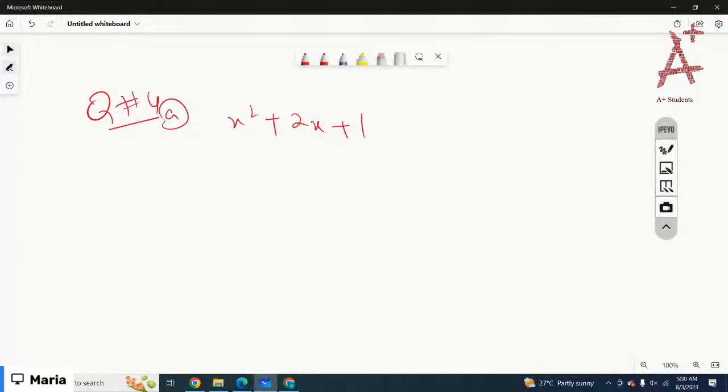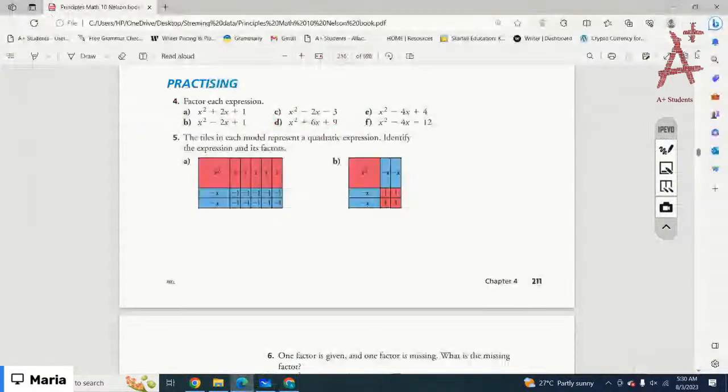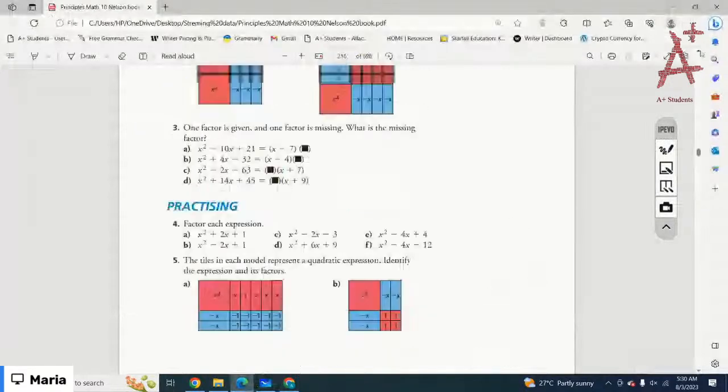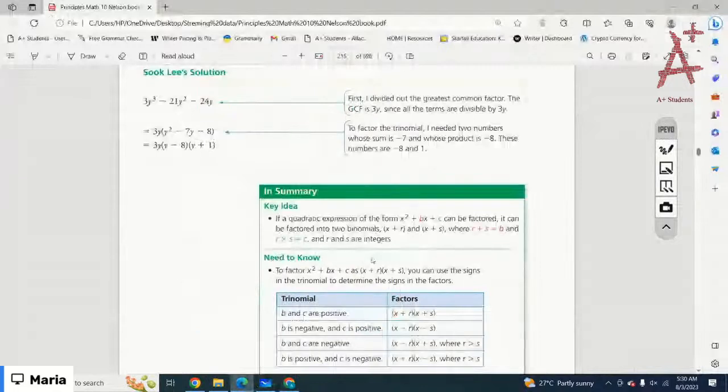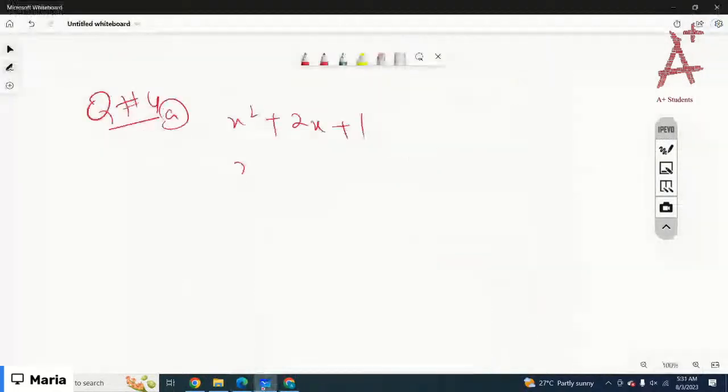So, how do we factorize this equation? Now, just look at this table. You can see this is b. Let's compare with x square plus bx plus c. So this is b and this is c. B equals 2 and c equals 1, right?